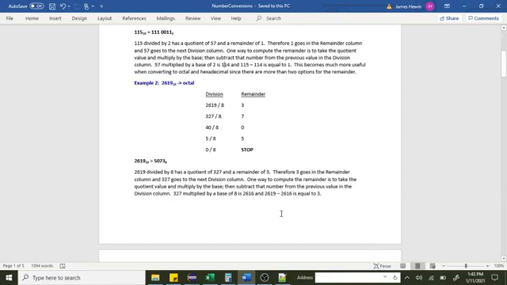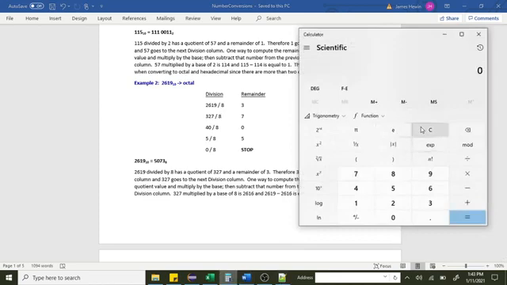So let's do 2619 divided by 8. That's 327, which is my quotient. Now, what's this 0.375 in terms of the remainder?